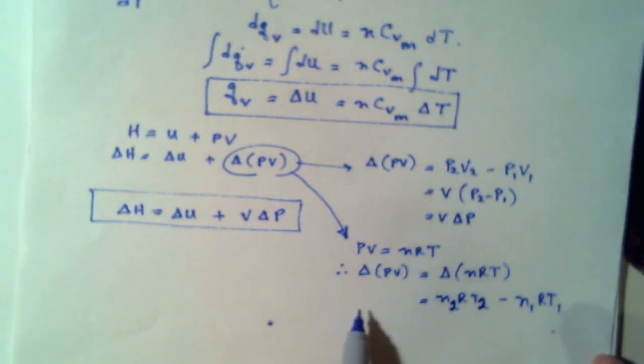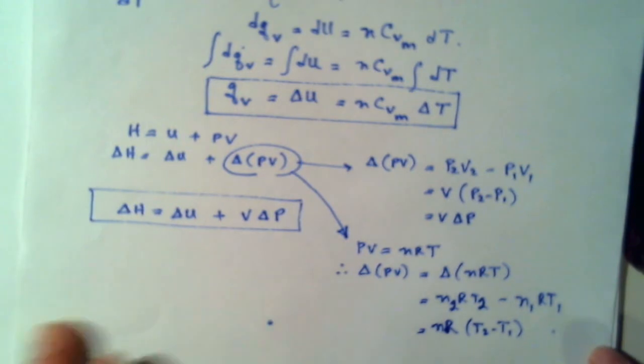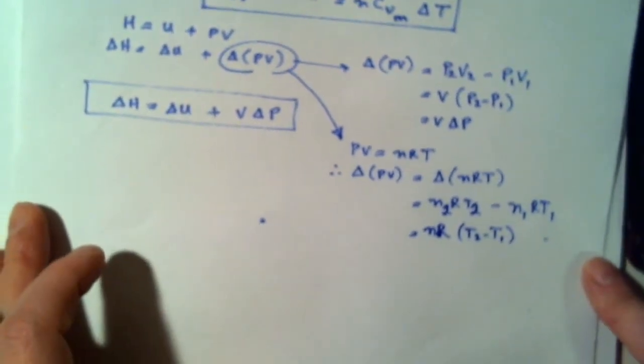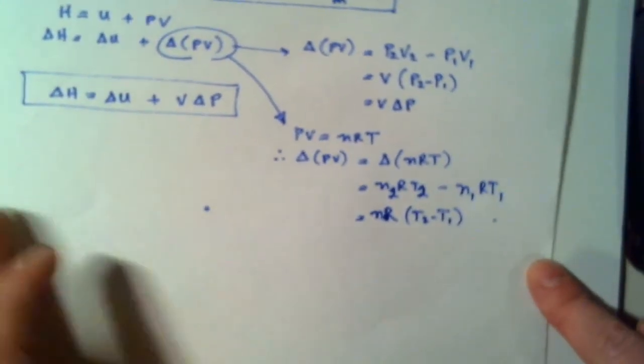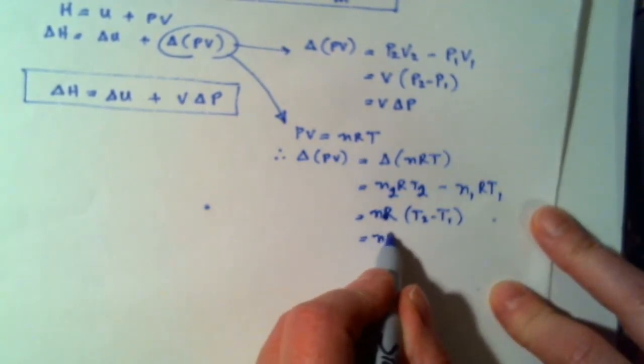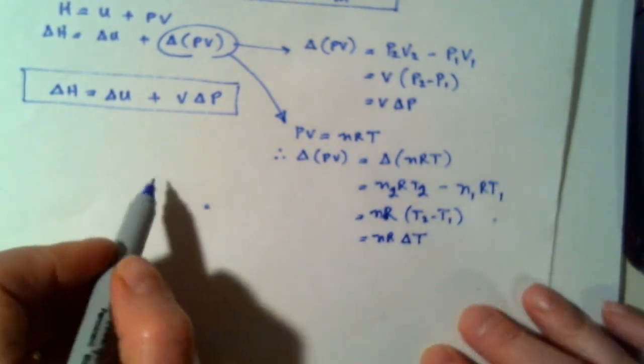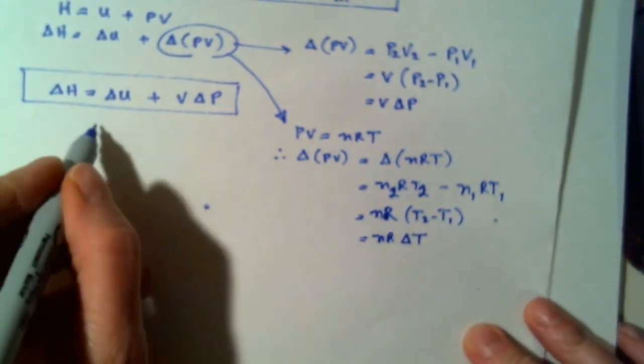Of course, the n is constant and R is constant, and so this is really n times R, T2 minus T1. I'm heating and cooling, so there is going to be a difference in temperature. I'm just going to bring this over where it's brighter. And so that's actually equal to nR delta T.